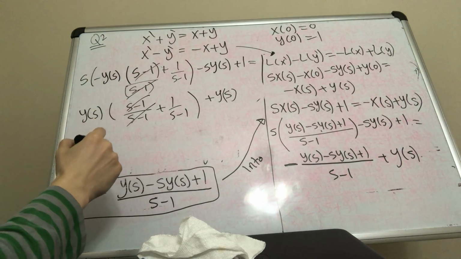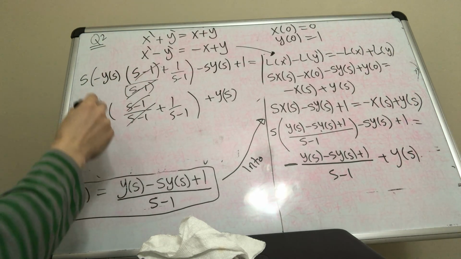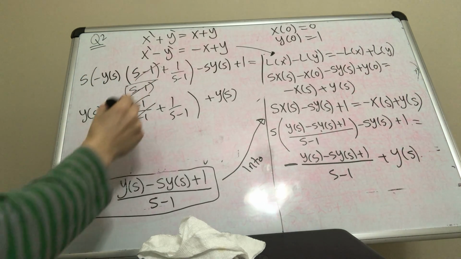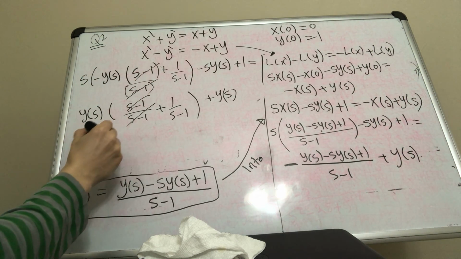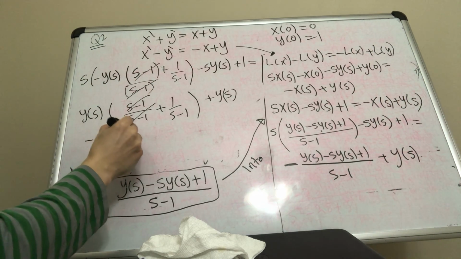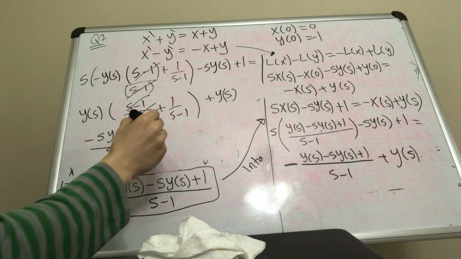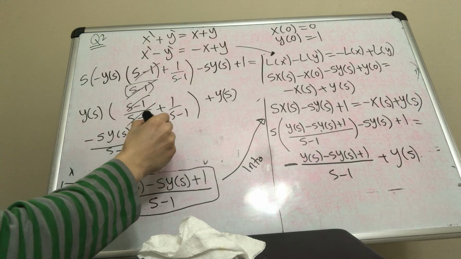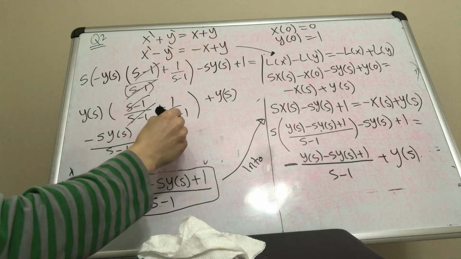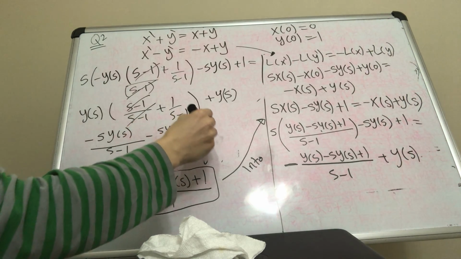These two cancel out, so what do we have? Eventually you have s y of s over s minus 1 minus s y of s plus 1.